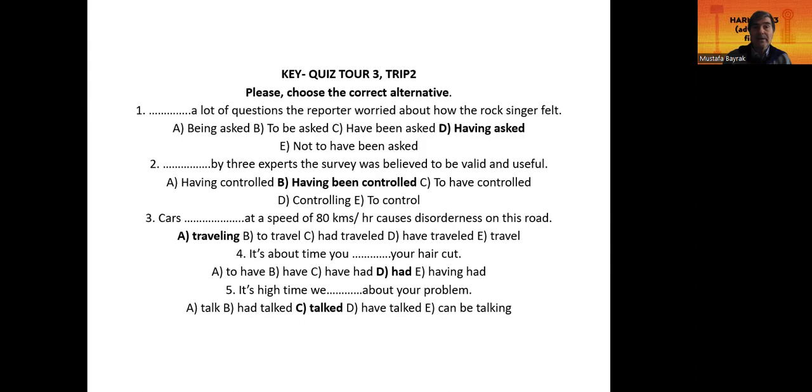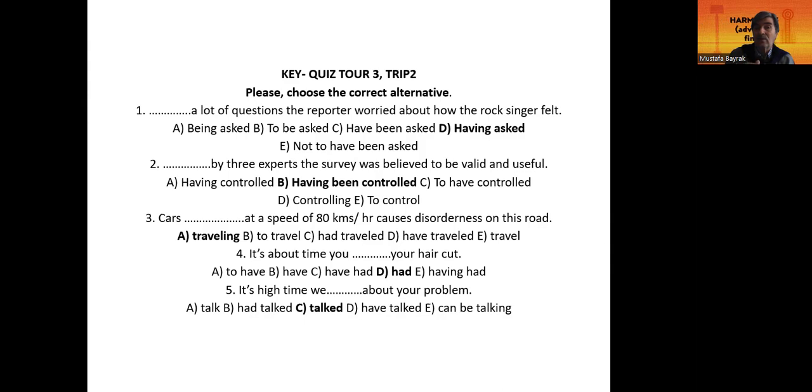Question 3: cars traveling at a speed of 80 kilometers per hour cause disorderliness on the conditions of this road. So traveling is a participle here.